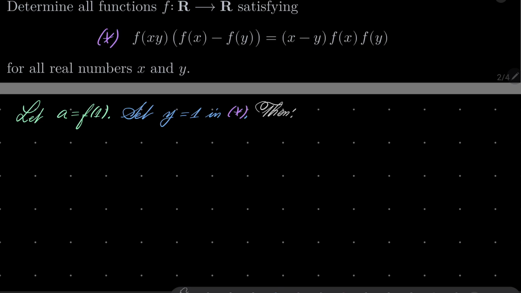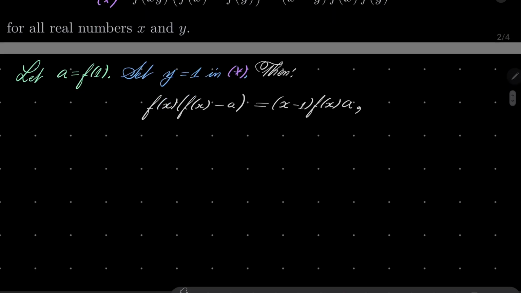On the left-hand side, we have f of x minus f of 1, but f of 1 is a by definition. It's x minus 1, f of x times f of 1, but f of 1 is a. Now, let's do some simplification. f of x squared minus a f of x equals a x f of x minus a f of x.